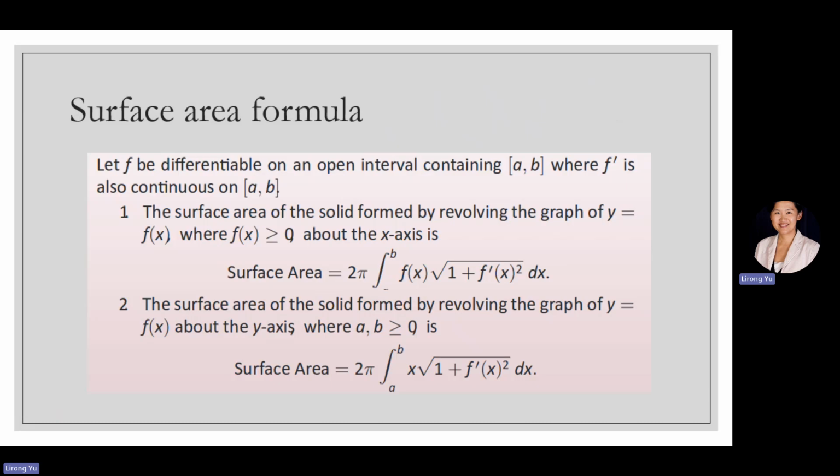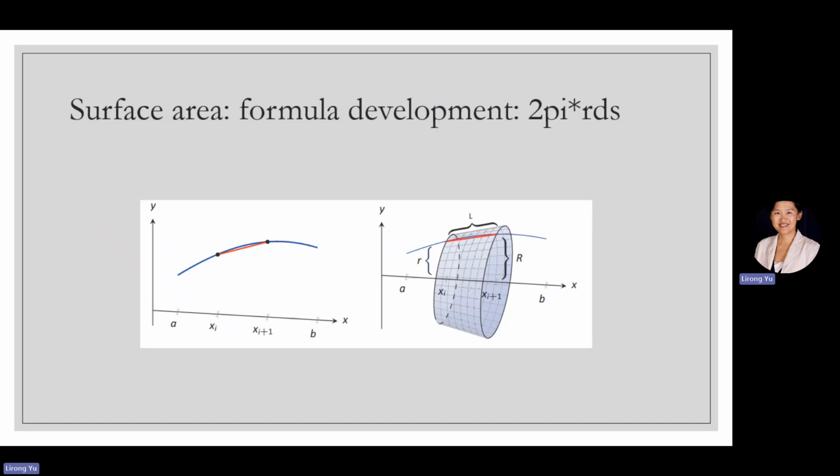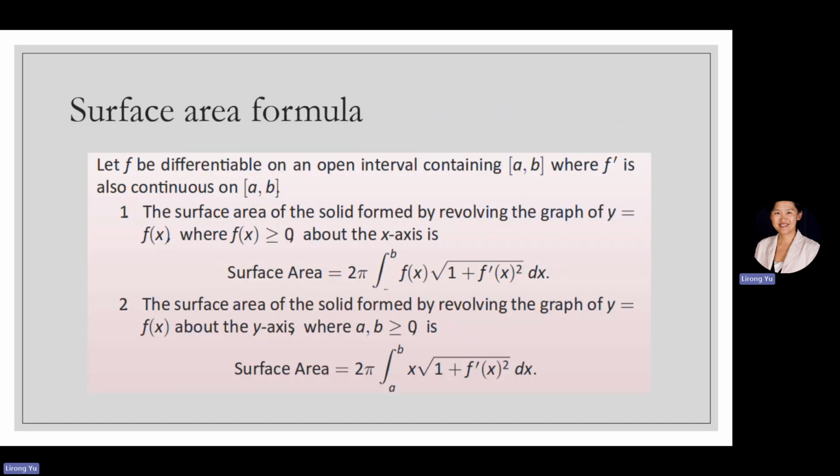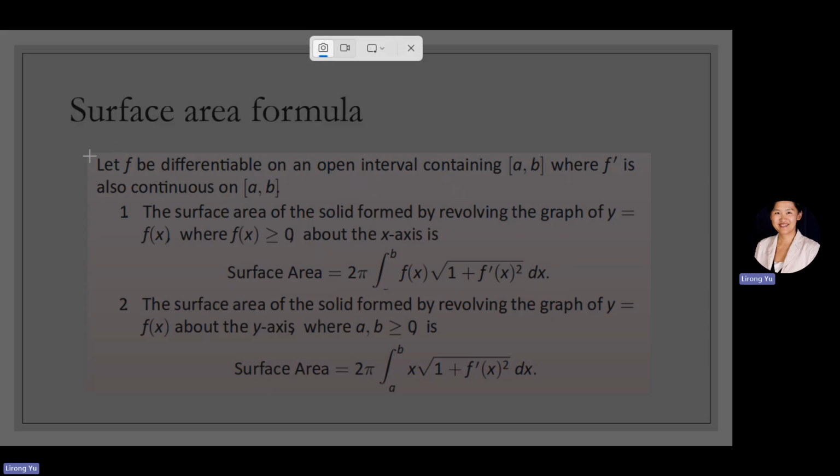All right, so here is the official formula. And this is assuming we're revolving about the x-axis. If you're revolving about the y-axis or some other line of symmetry, then the formula will also be different because you'll have a different model for your r and also height. So there are two different formulas. The top one is revolving about the x-axis. Remember our original idea, it was supposed to be 2 pi r ds. So keep that in mind as we try to explain these two formulas.